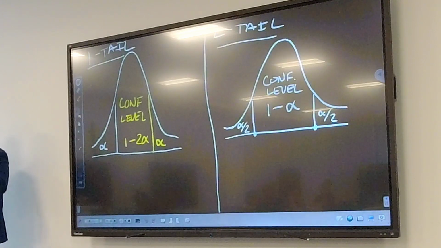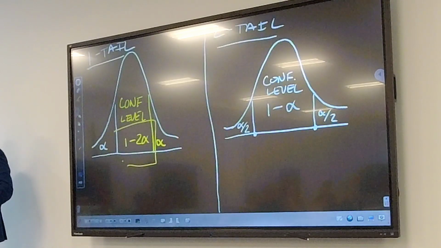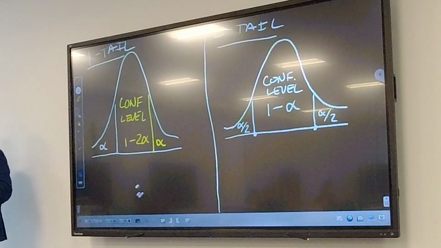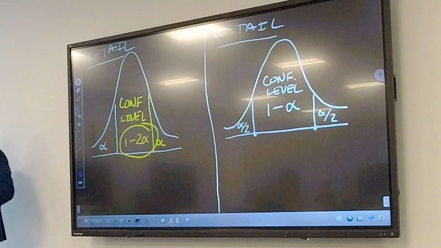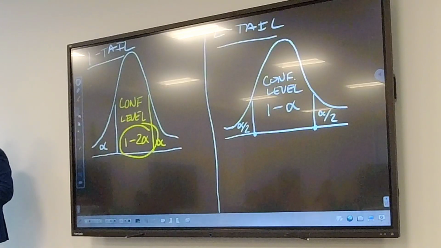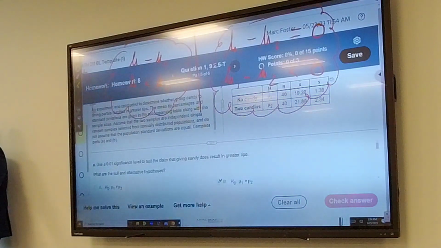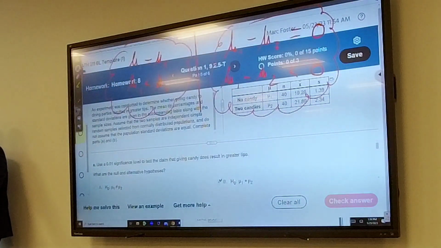Now, we are doing a one-tailed test. So for us to find the confidence level, we need to find whatever our significance level alpha was, and then the confidence level will be 1 minus twice that significance level. Our significance level, we are told, is 0.01. It's a penny. $1 minus 2 pennies is our confidence level.